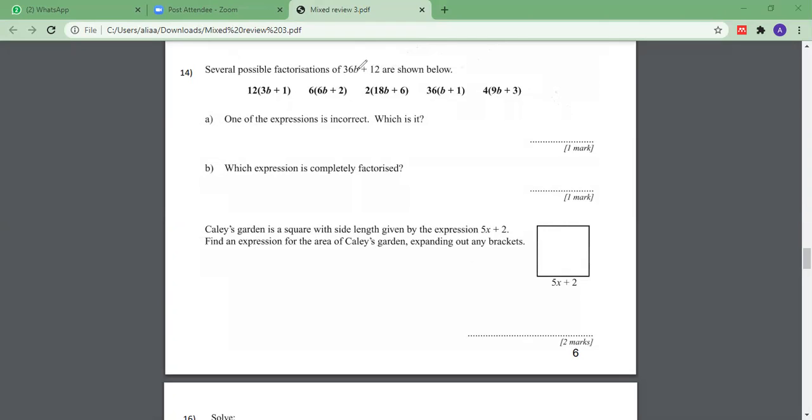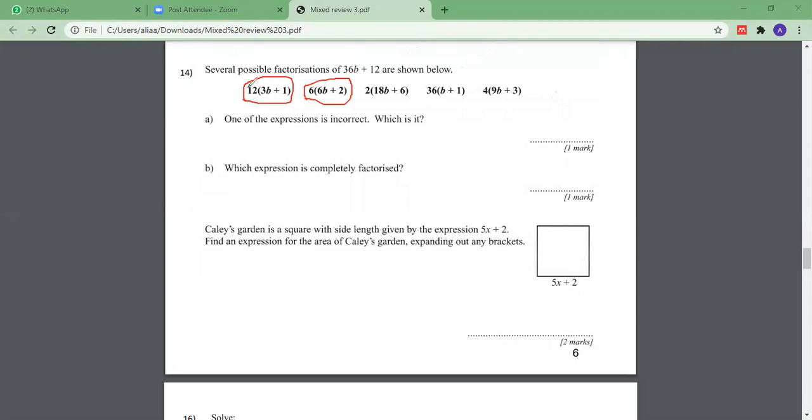If I divide it by 6, 36 divided by 6 will be 6b, 12 divided by 6 will be 2. So this is the first factorization. If I divide it by 12, 36 divided by 12 will be 3, and 12 divided by 12 will be 1. So this is also a possible factorization.